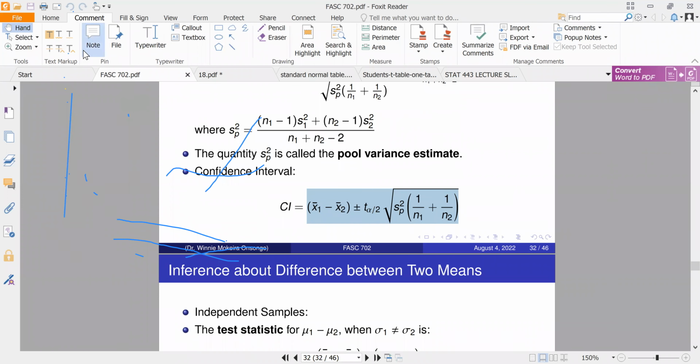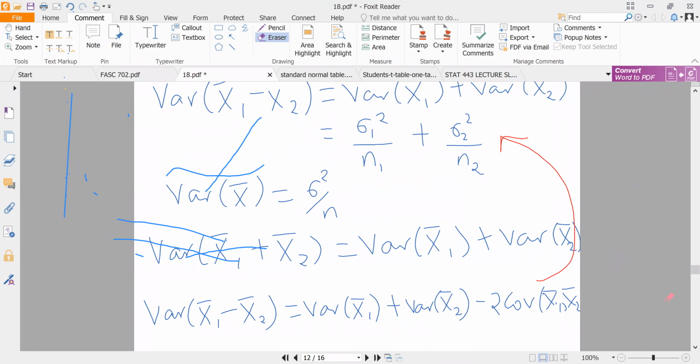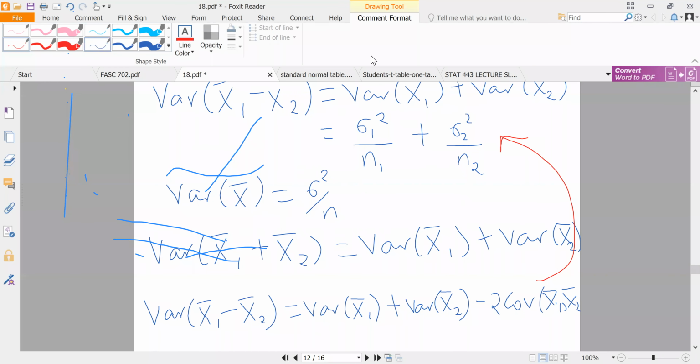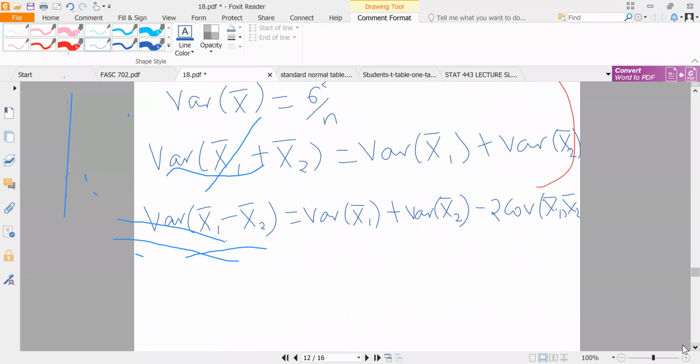In this particular case, for the case of one population, we can write this confidence interval as X bar plus or minus Z at alpha over 2, because the Z value is read at the tails, the 2 tails.